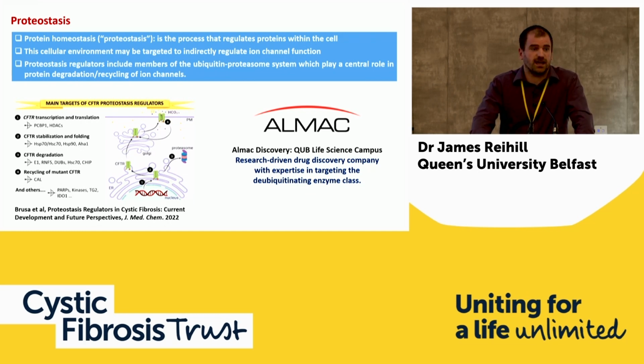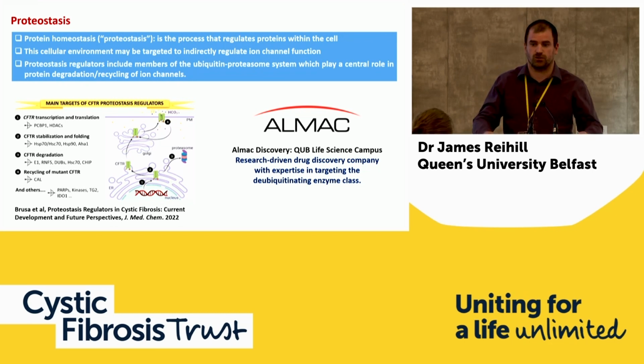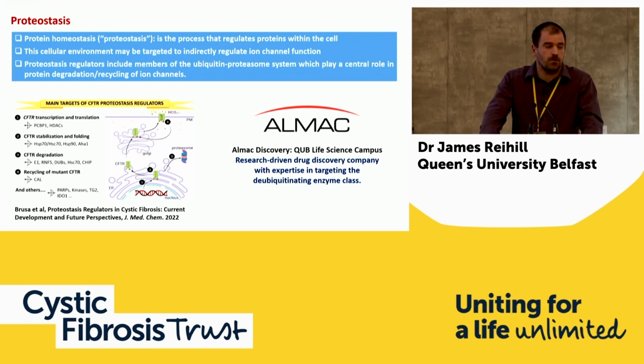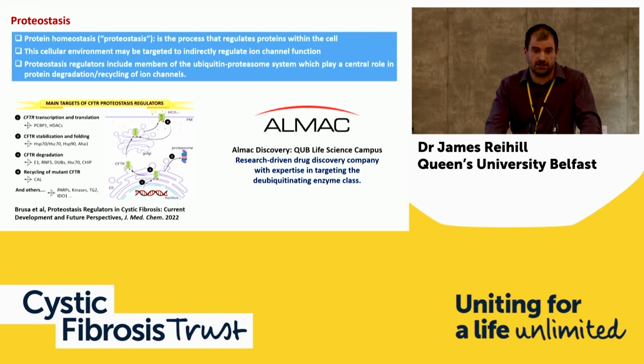They provide other routes to restore airway hydration and mucociliary clearance as well. These ion channels can be targeted directly, for example with potentiators, correctors, channel activators, or blockers as required in terms of ENaC. But they can also be regulated indirectly, which leads into the concept of proteostasis, a process that regulates proteins within the cell to maintain a healthy environment. This cellular environment can be targeted in order to indirectly regulate ion channel function.